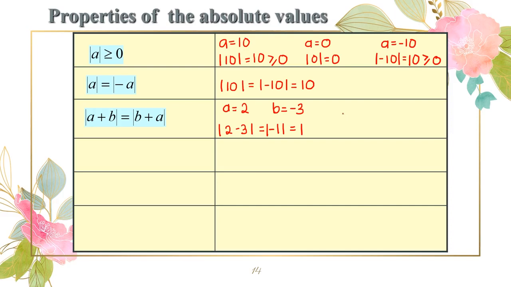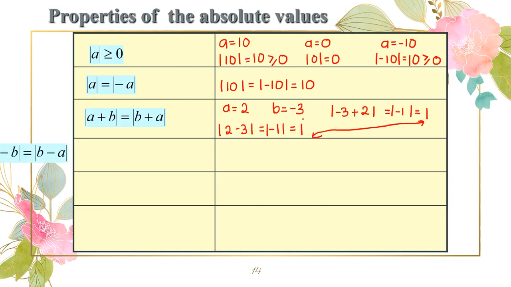If we do the same in a different order, negative 3 first and then plus a, where a is 2, negative 3 plus 2 is negative 1, but with the absolute value it gives us 1. So it shows that it has the same value.